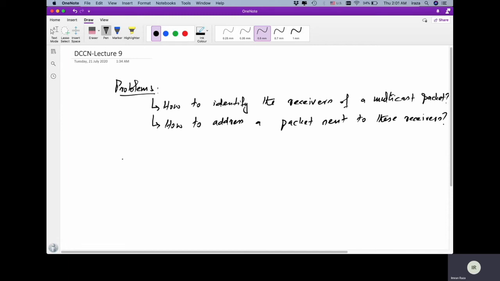For these reasons, in the internet architecture, a multicast packet is addressed using address indirection. So the concept that we want to understand is address indirection.